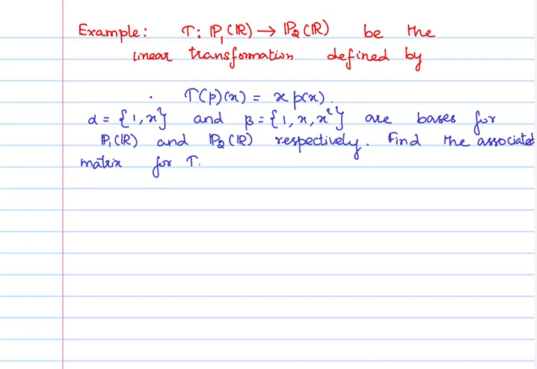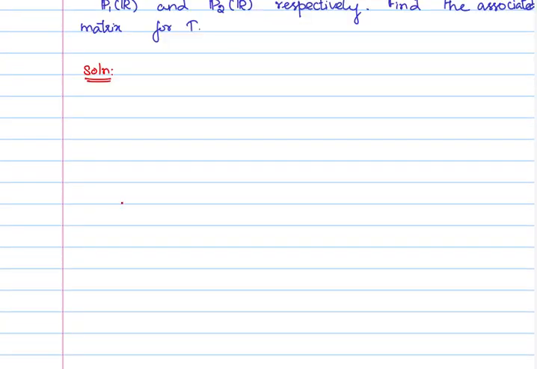So what is my first step? I want to write what is given. Alpha is 1 comma X and beta is 1 comma X comma X square.